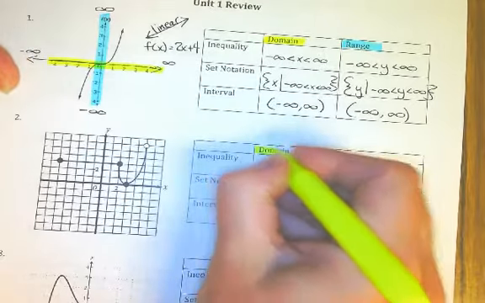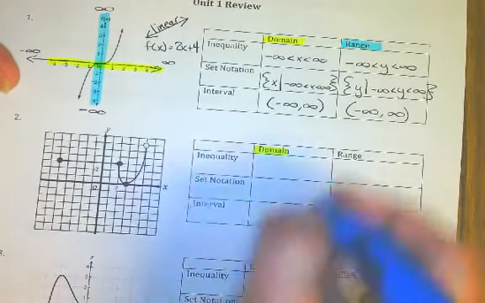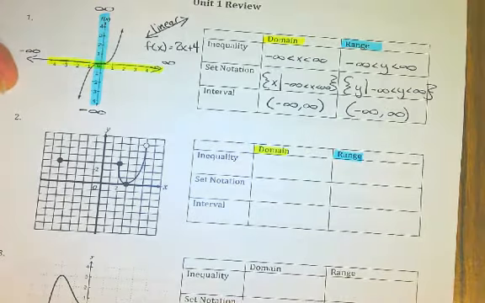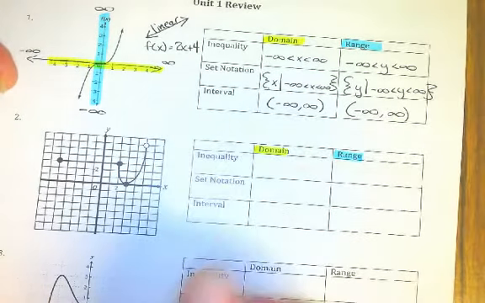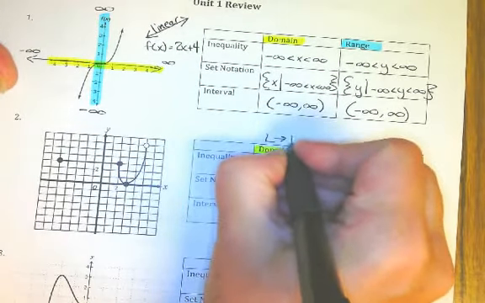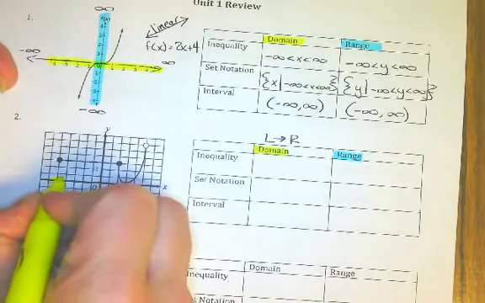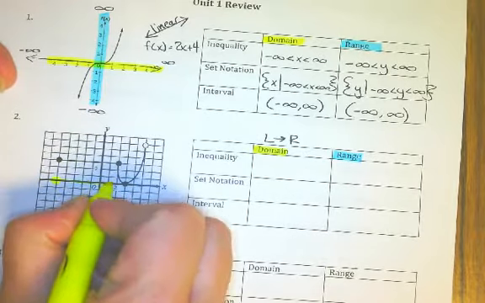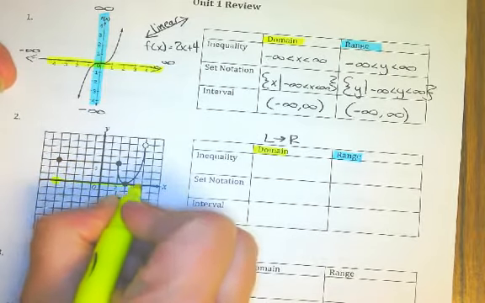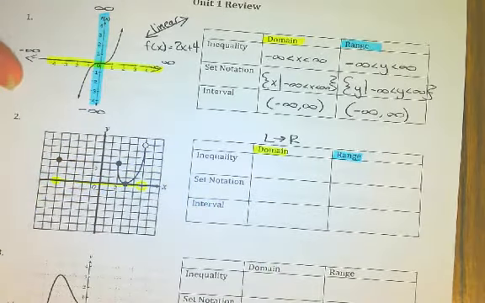Again, my domain is going to be yellow, and then my range will be blue. Domain is how far something goes from left to right. If I go to the very left of this graph, it's right here on the x-axis, and then all the way to the right, there's an open dot right there.